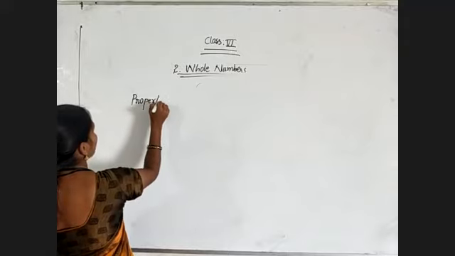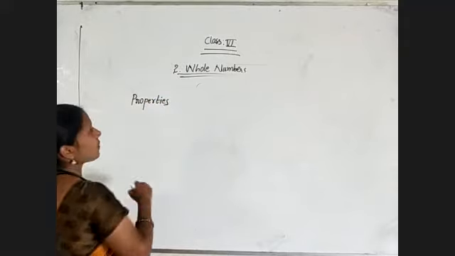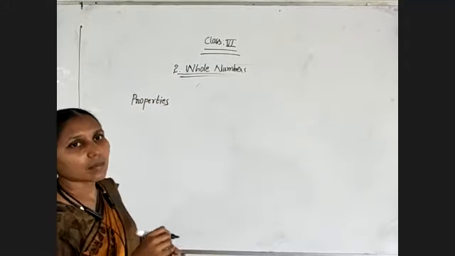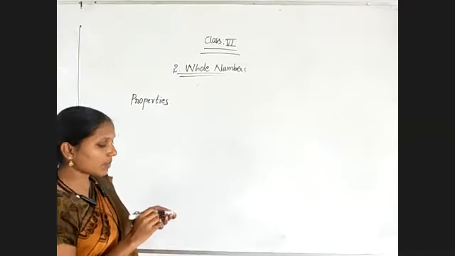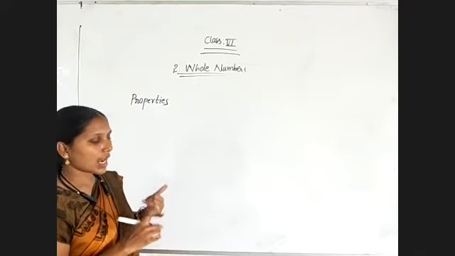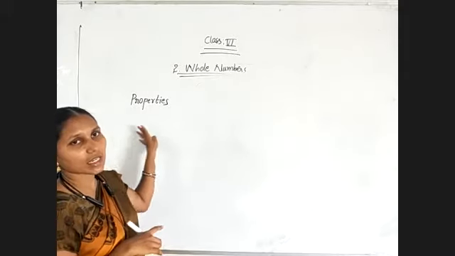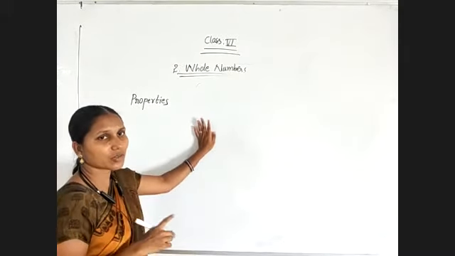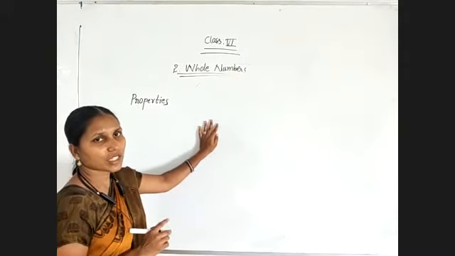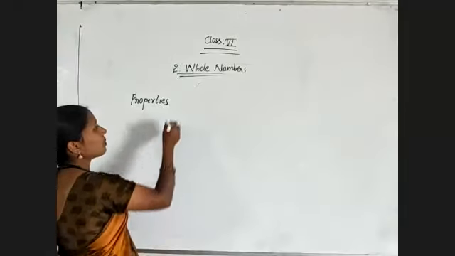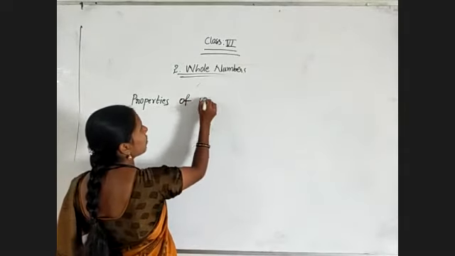All these properties we need to apply on our basic mathematical operations. What are the basic mathematical operations? Addition, subtraction, multiplication, division. We need to check whether all these properties are suitable for all four operations or not.